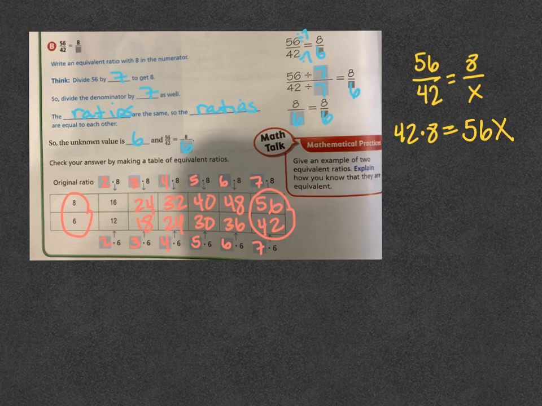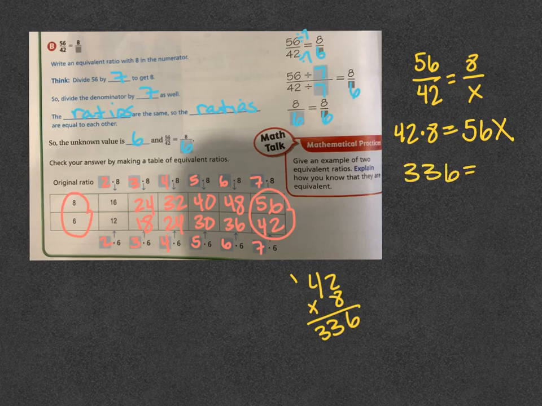I'll calculate what 42 times 8 is. And it is 336. Now 56 is being multiplied by x. I want to isolate this variable and get him alone. That's always my goal. He's being multiplied by 56, so I will do the opposite of that, the inverse of that. Opposite of multiply by 56 is divide by 56.